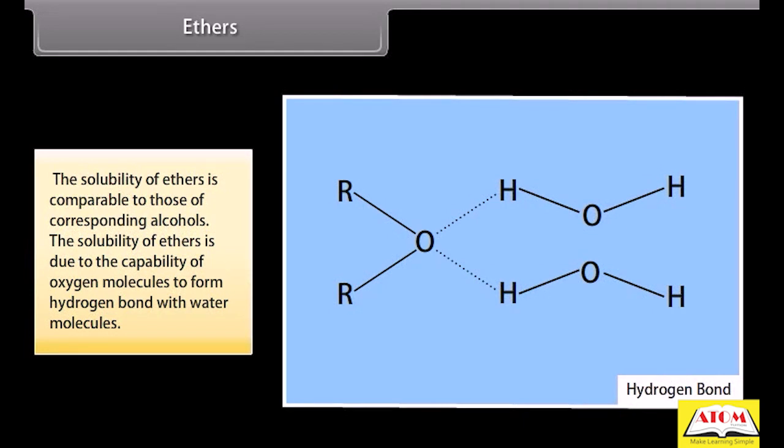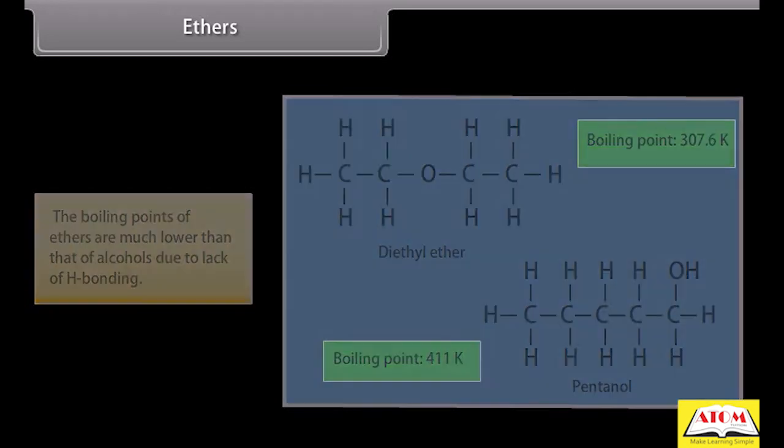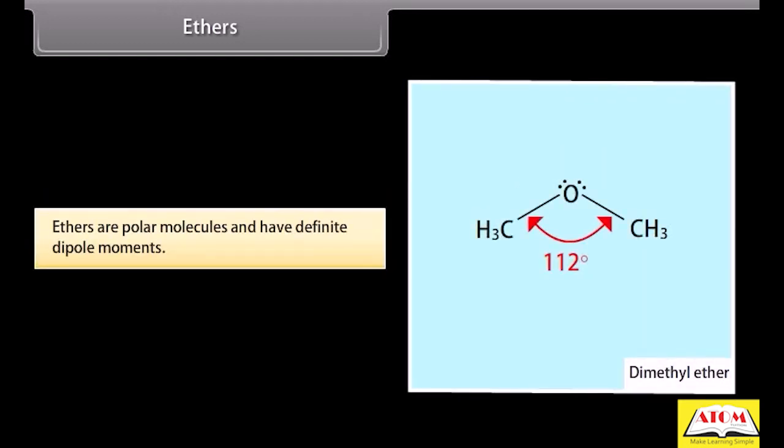The solubility of ethers is due to the capability of the oxygen atom to form hydrogen bonds with water molecules. The boiling points of ethers are much lower than that of alcohols due to lack of hydrogen bonding. Lower ethers act as anesthetics. Ethers are polar molecules and have definite dipole moments.